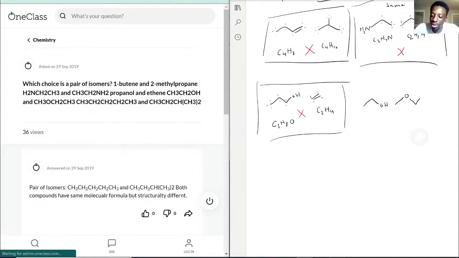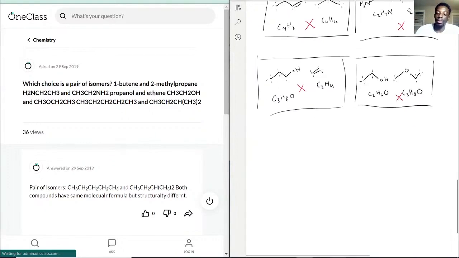The first has 2 carbons and 6 hydrogens, so C2H6O. This other one has 3 carbons and 8 hydrogens, so C3H8O. These are definitely not the same thing, so they're not even constitutional isomers or anything, they're not the same compounds.